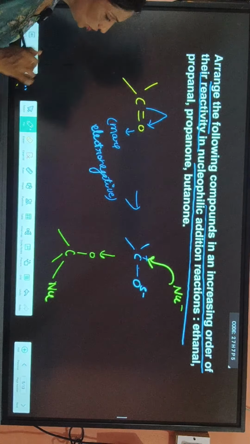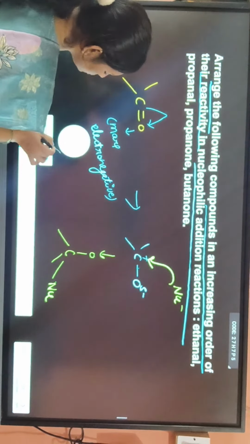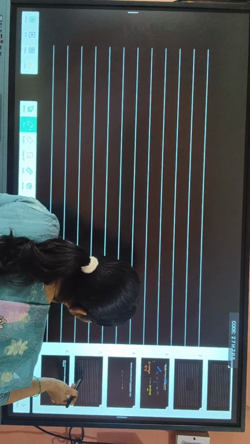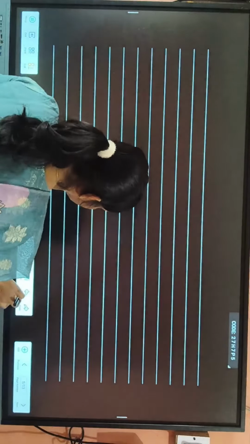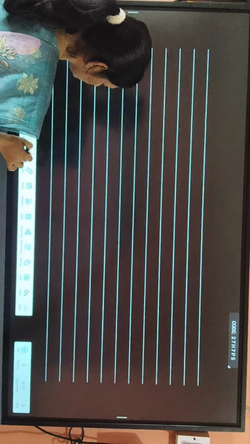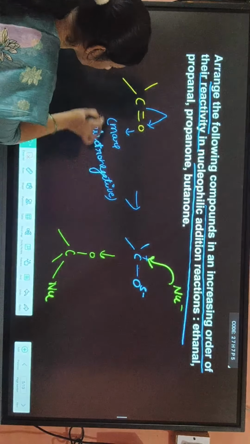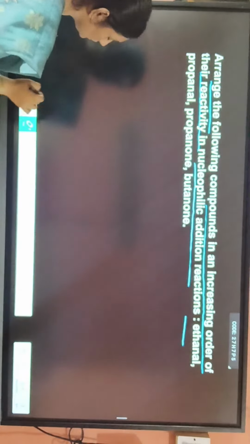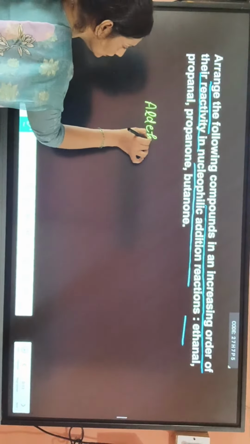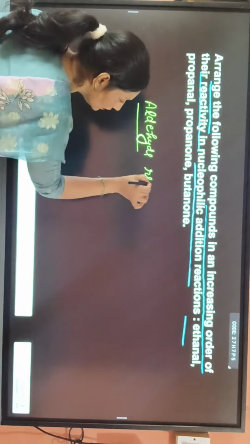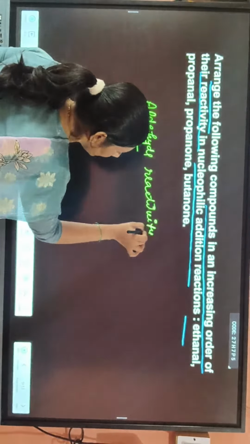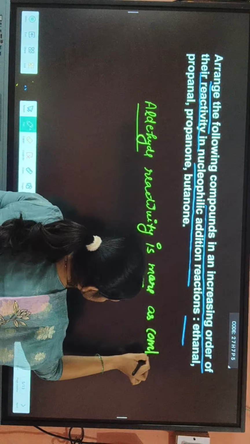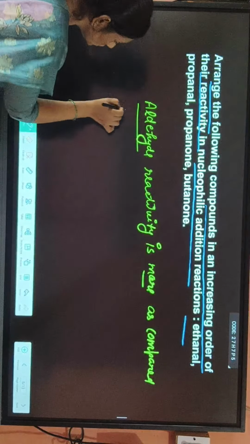So students, aldehydes' reactivity is more as compared to ketones.